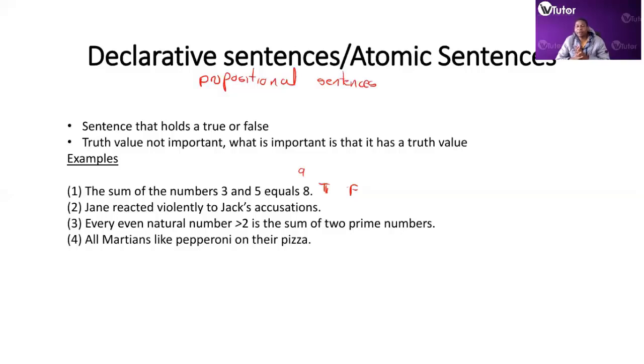I'm not even going to waste time trying to figure out if that is true. All I know is that either it is going to be true or it is going to be false. Therefore, it is a declarative sentence. Then number 4, all Martians like pepperoni on their pizza. Either this is true or this is false as well.